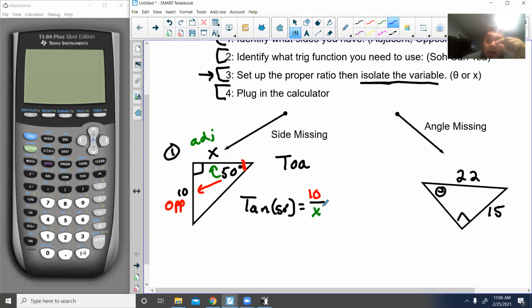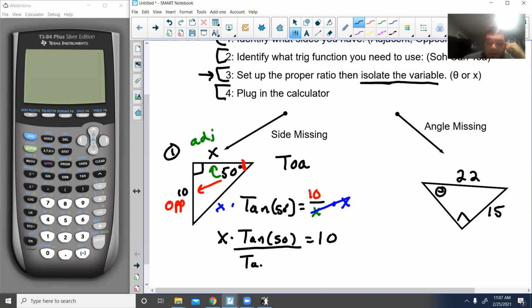Since x is in the denominator, I need to multiply it so it goes to the top. So multiply x here, multiply x here. I can cross these out. So now I have x times tan 50 equals 10. Divided by tan 50, divided by tan 50.